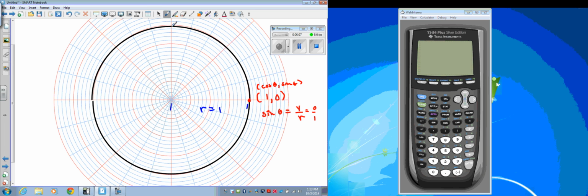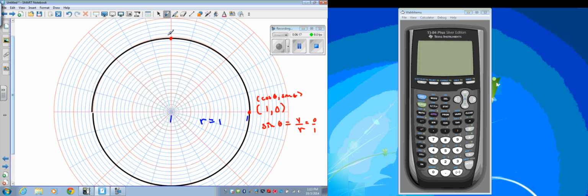So when you get up here at this point on the unit circle, once again it's 1 unit long, what is the ordered pair? 0, 1. So on a unit circle, this arc length is equal to this central angle. And when you do the cosine of the arc length, it's 0.